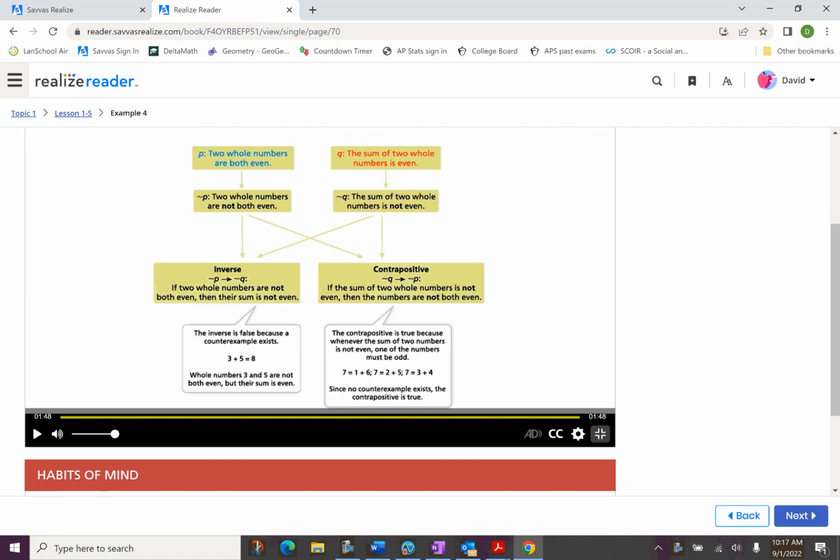So frequently, you got the implication here yet? Frequently, it's easier to prove that a statement is false because you need just one counterexample. To prove that a statement is true, you need to prove that it's always true. You need to show that no counterexample exists. Okay, so that can be a little bit tricky.